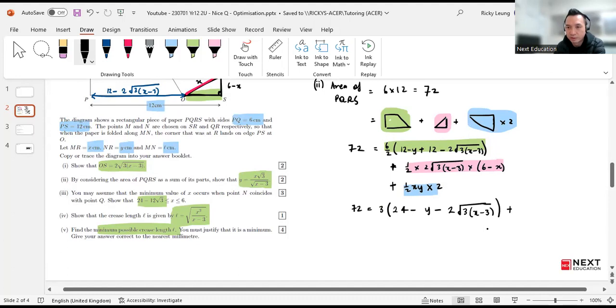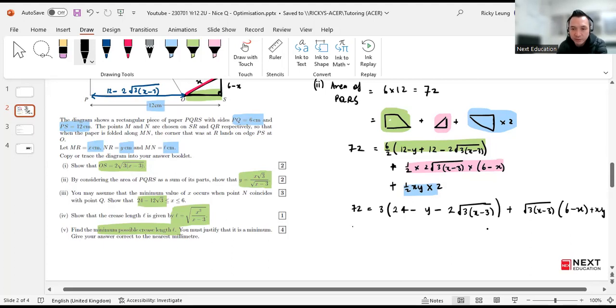Okay, so it's another, it's root 3 x minus 3, 6 minus x, and plus xy, right? Okay, I'm a bit afraid right now. There's a lot of y. Oh, okay, no, the answer has all this stuff as well.